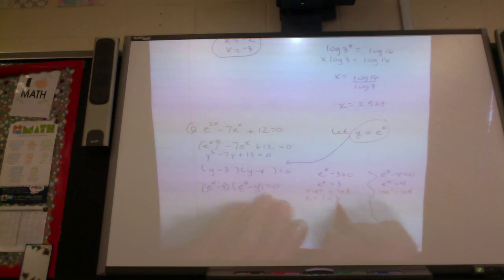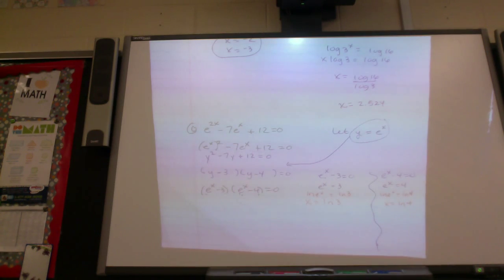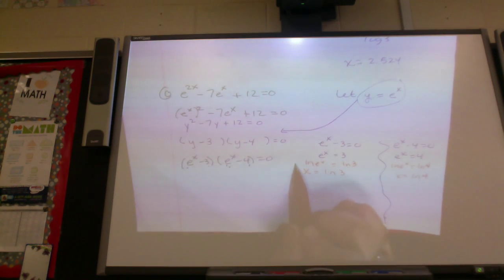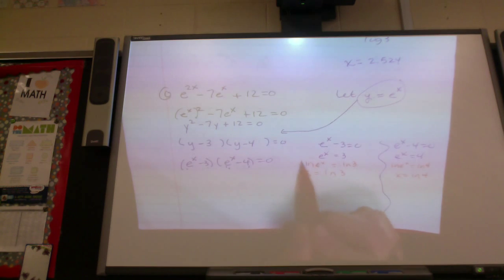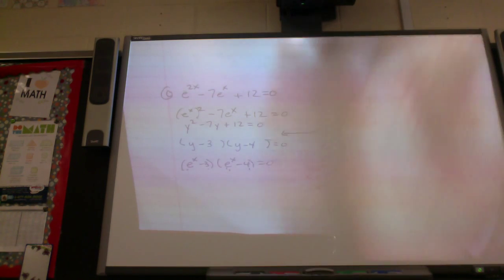So x equals ln of 3 and x equals ln of 4. Because when I bring the x out in front, we're left with x times ln of e, and what's ln of e? 1. And now you put it in your calculator because I want 3 decimal places.